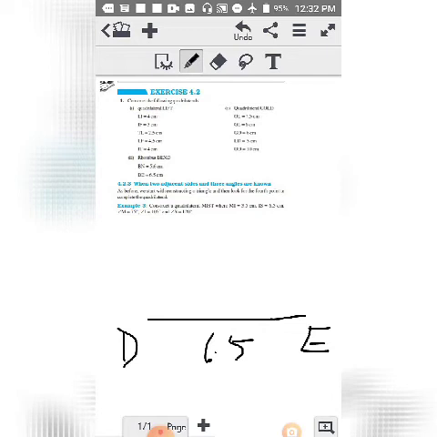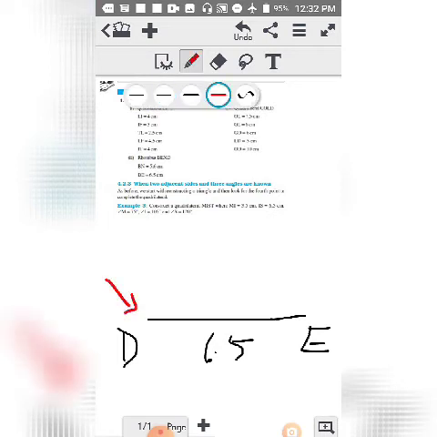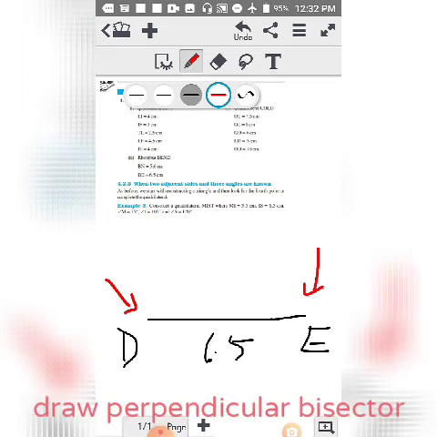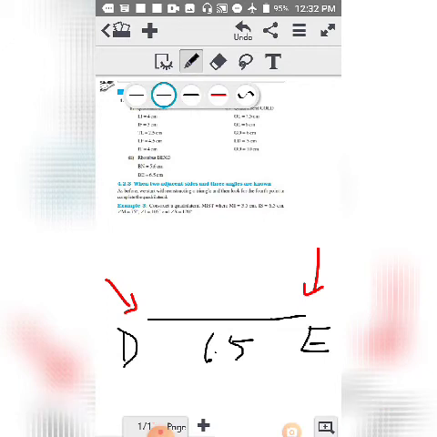Now I will make the perpendicular bisector of this line. You have done it in 7th class. You will have to put the compass at point D and at point E. You will put the compass at D and you will cut an arc from D on the upper side, one arc on the lower side.